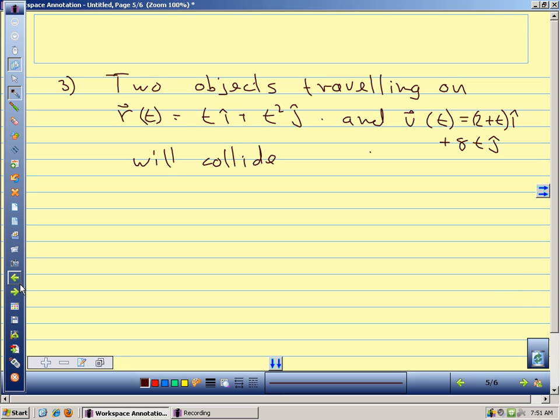Charles says for all t, the i components of the two vectors can never be equal. Because if you try to set those two equal to each other, what do you get? 2 equals 0. So the i components can never be the same.